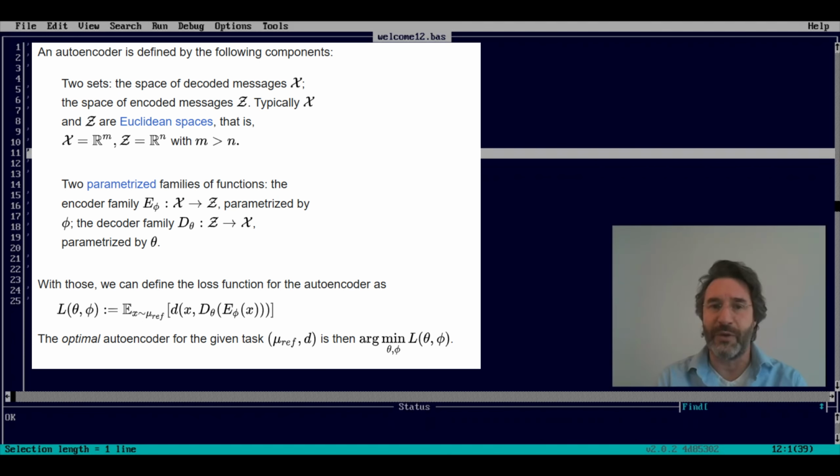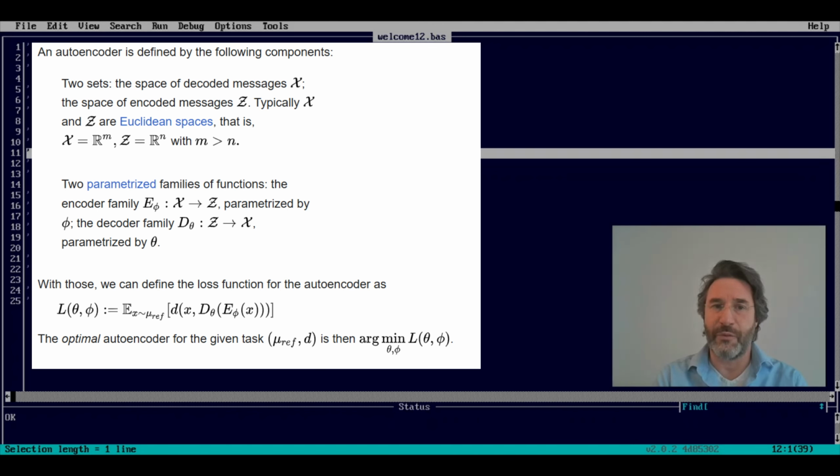So this is going to be easier when we talk about the actual training of such a network. What the article says here is that an autoencoder is defined by the following two components, and the two components are essentially two sets.